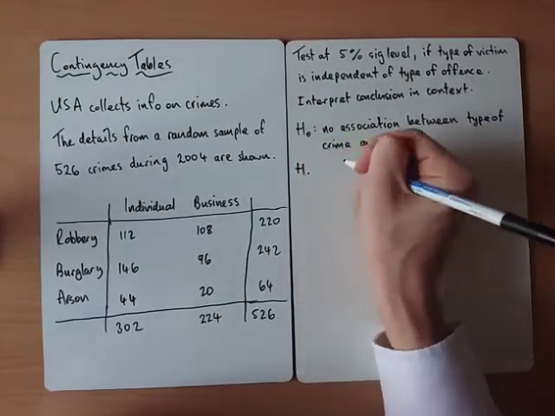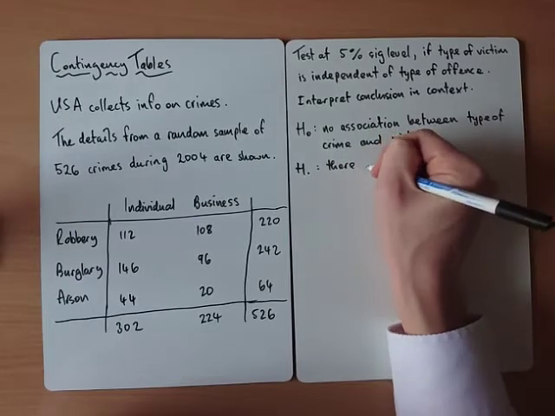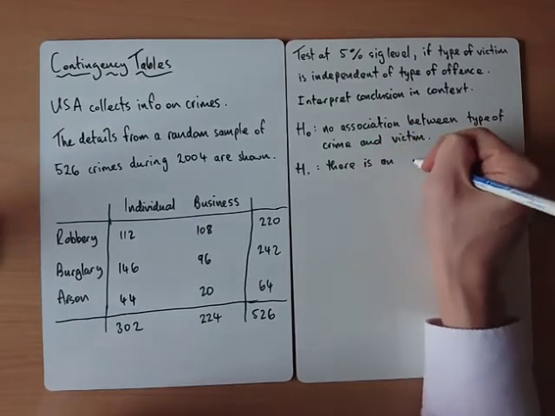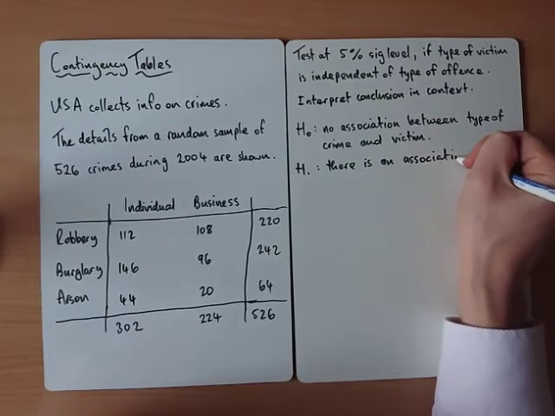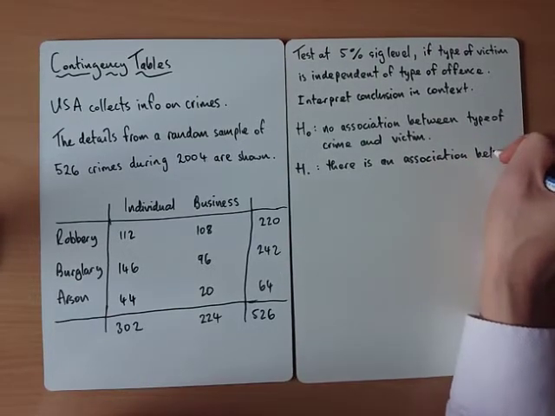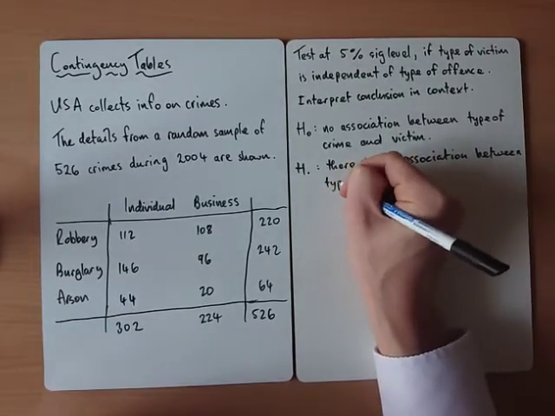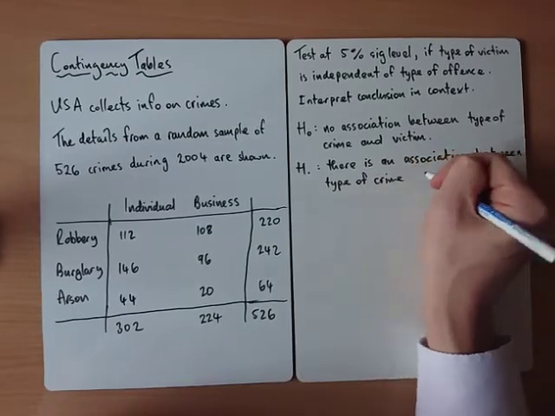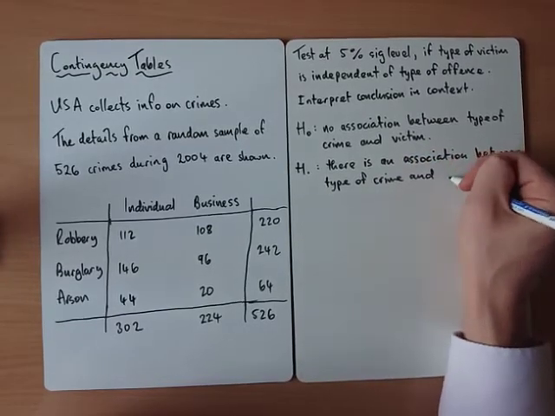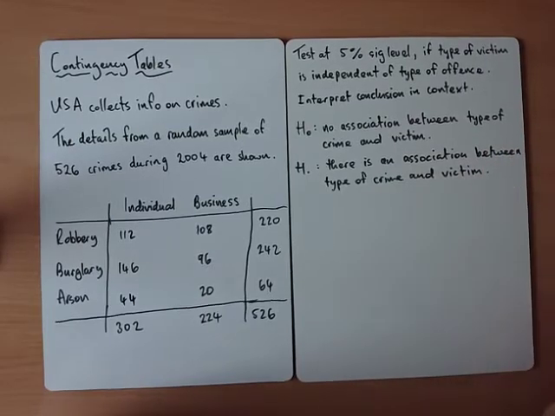H1, there is an association between type of crime and victim. It's very tempting to just sort of skip this or just write H0 and H1, but you do need to write that to get the mark.